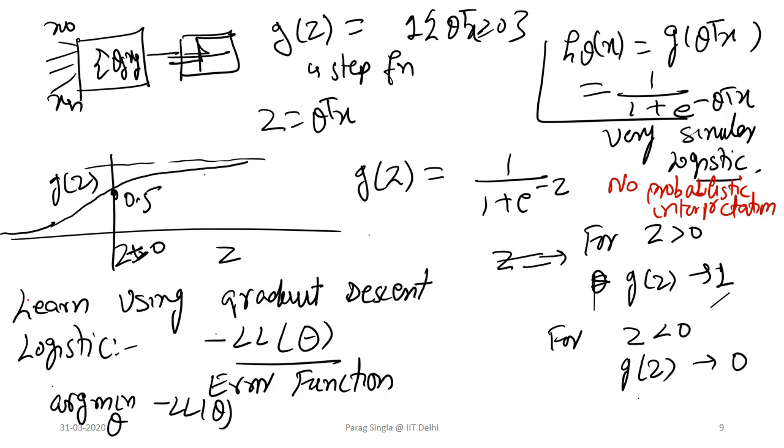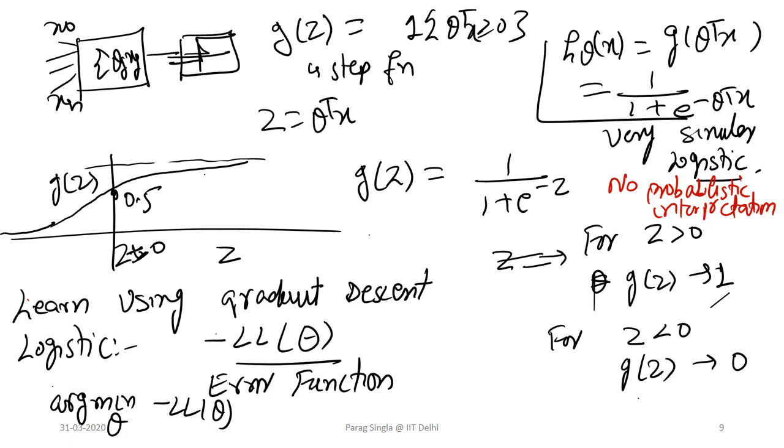There also we used h theta x of this form, but here there is no probabilistic interpretation in the case of neural networks, at least as of now. Maybe later on we'll come to that.